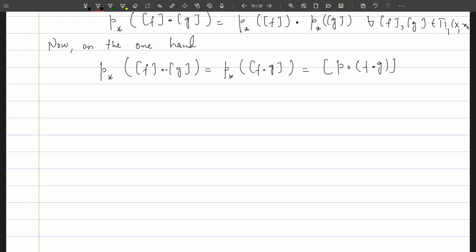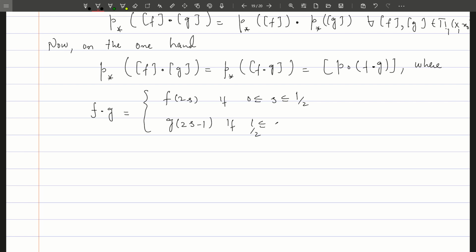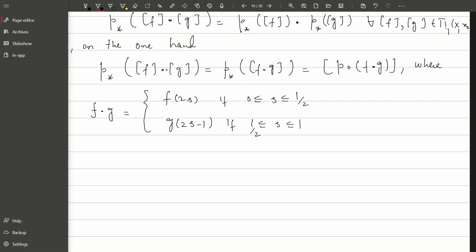where this f dot g is the path from interval 0 1 to x, given as f of 2s if 0 is less or equal to s is less or equal to half. It is g of 2s minus 1 if half is less or equal to s is less or equal to 1.